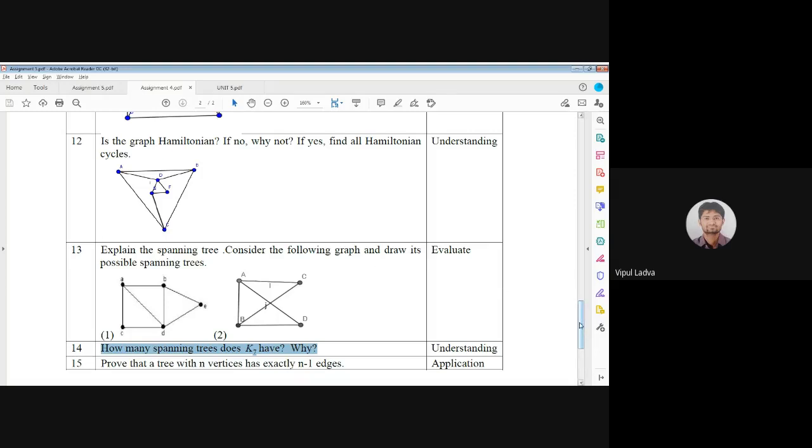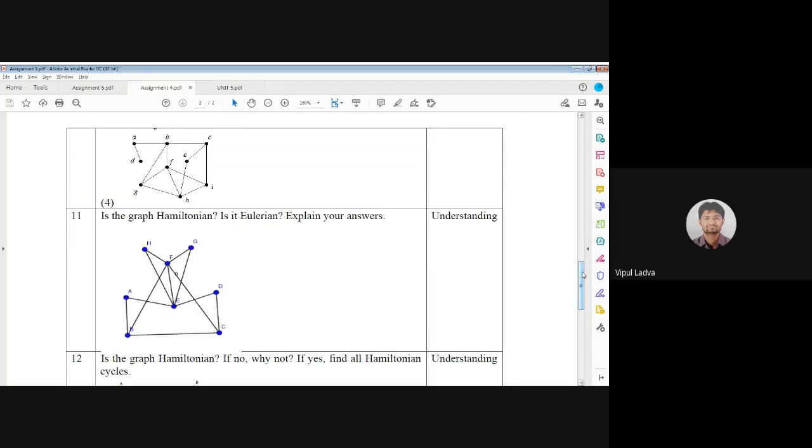Yes, you're talking about the 11th. Raj, am I audible to you? Yes sir, clear. Okay, why will it not act as an Euler graph? Can you explain? Sir, vertex F, its degree is 5. Yes, perfect. So it is neither.